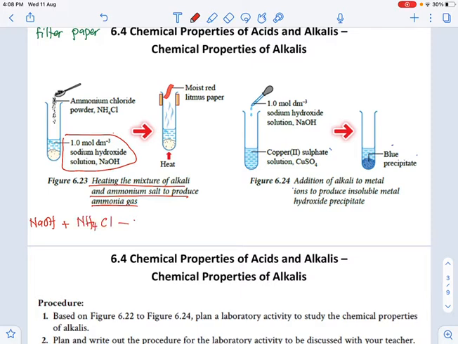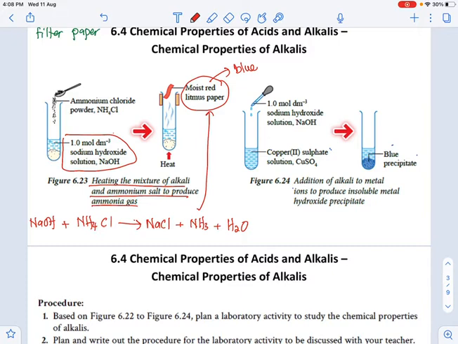Then heat the mixture and put moist red litmus paper on top of the boiling tube. The products formed are sodium chloride, ammonia gas and water. The moist red litmus paper will turn blue because of the presence of ammonia gas.